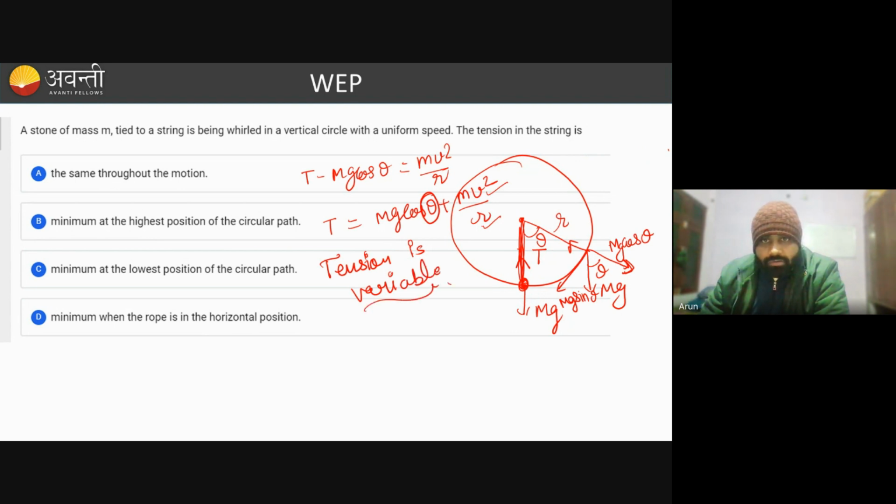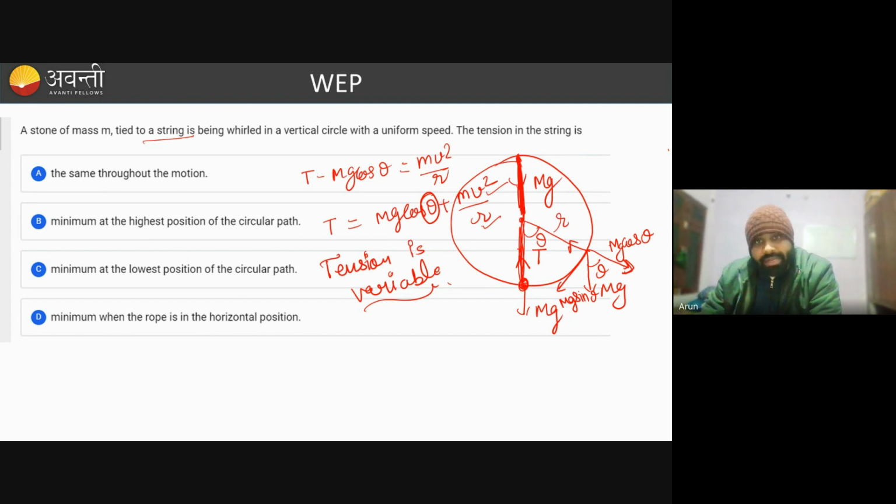Now, if you talk about the topmost point here, the mass is acting, this tension is developed because of this mass. So the weight is acting in the downward direction. And let's say it is a string, as given in the question. If you try to compress the string, what will happen? Did you feel any kind of resistance in compressing it? No. So it will only resist the extension in length, not the compression.